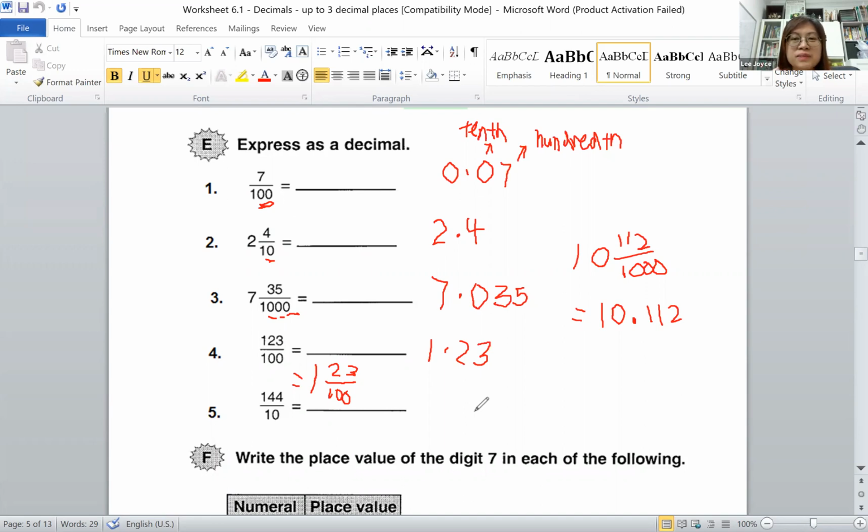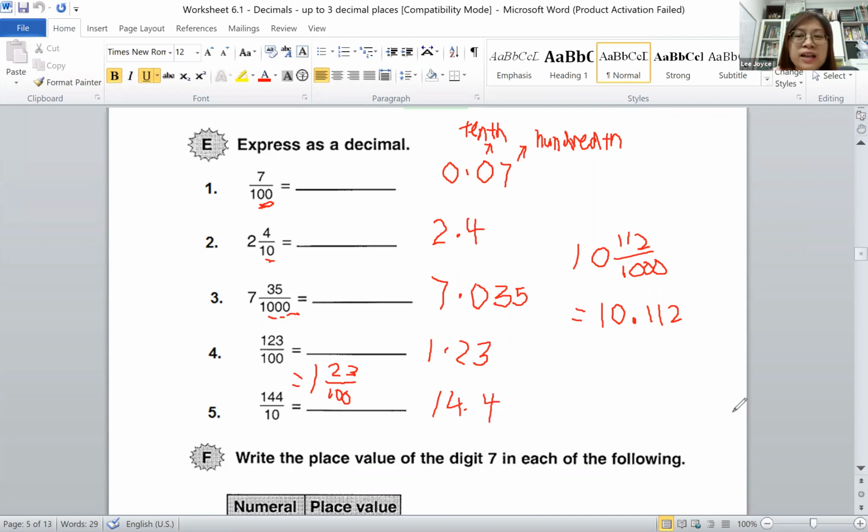Any idea? Very good. Okay, 14.4. All right, 14.4 is the answer.